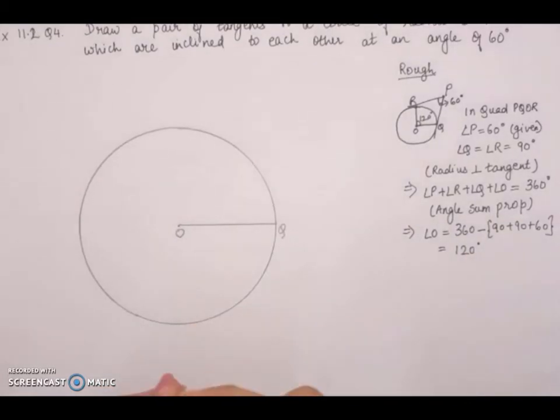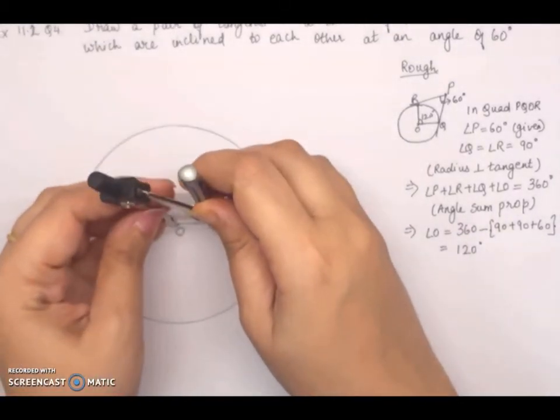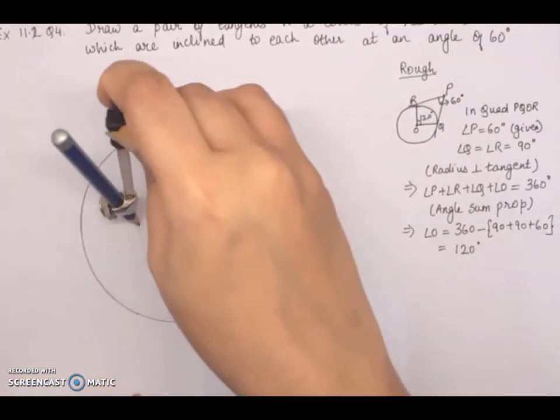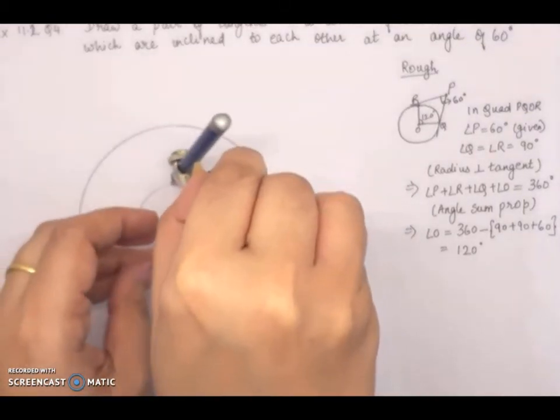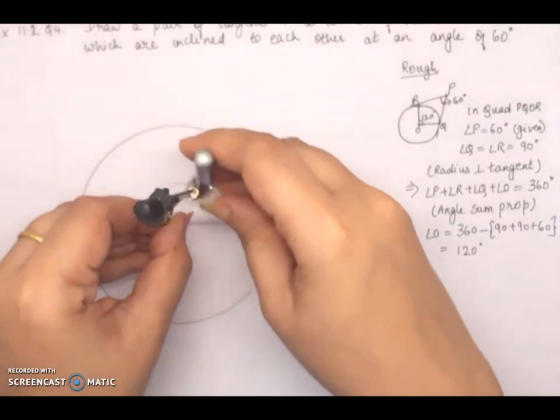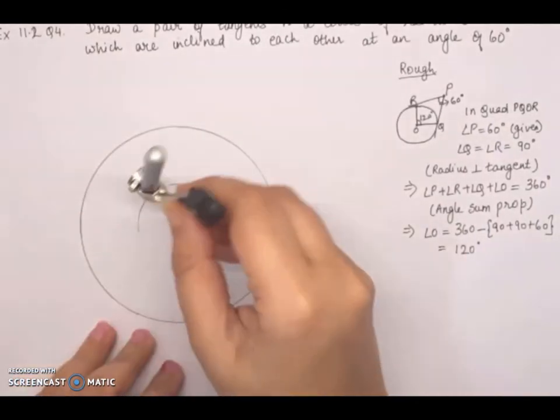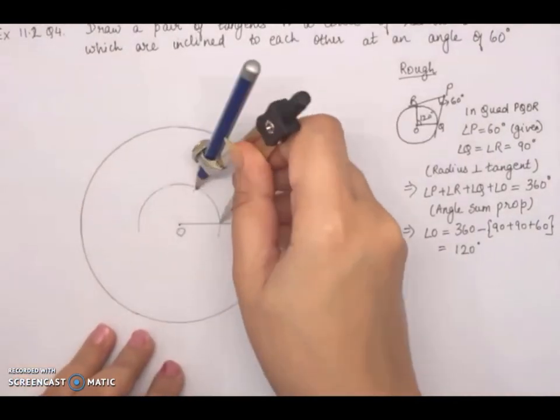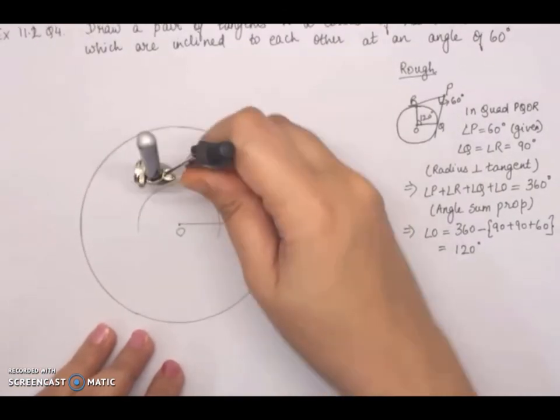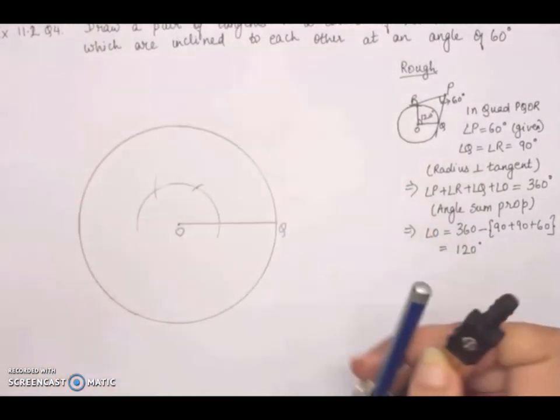Now at the point O, we will construct a 120 degree angle and draw the second radius. So draw any semicircle and then without changing the radius, cut two arcs.